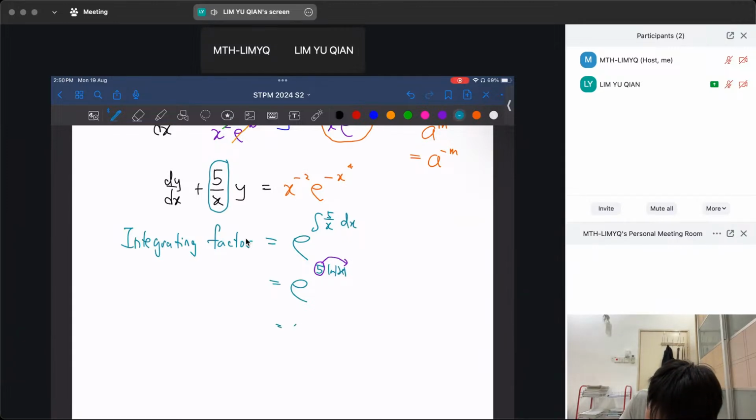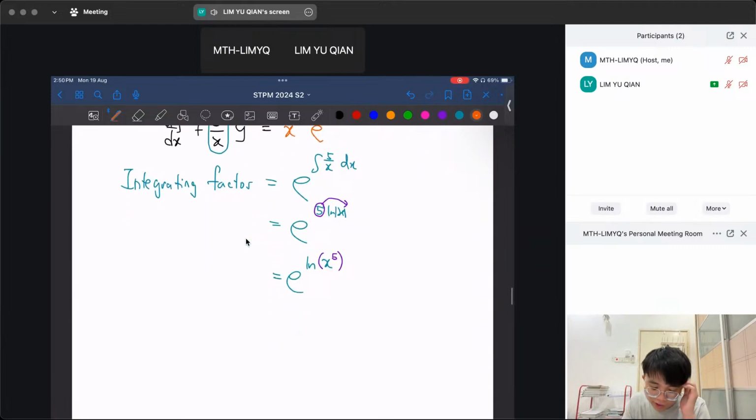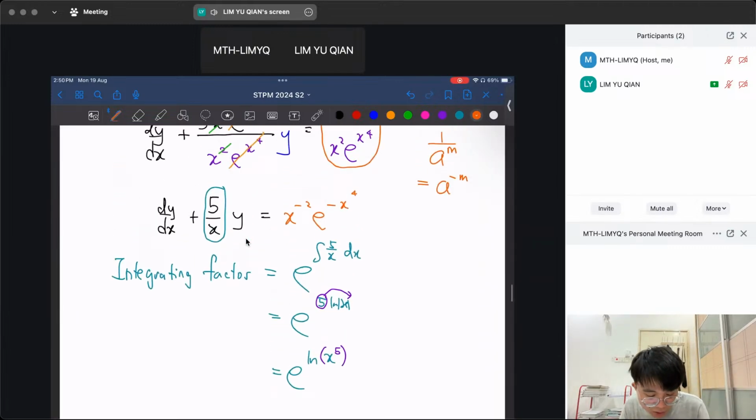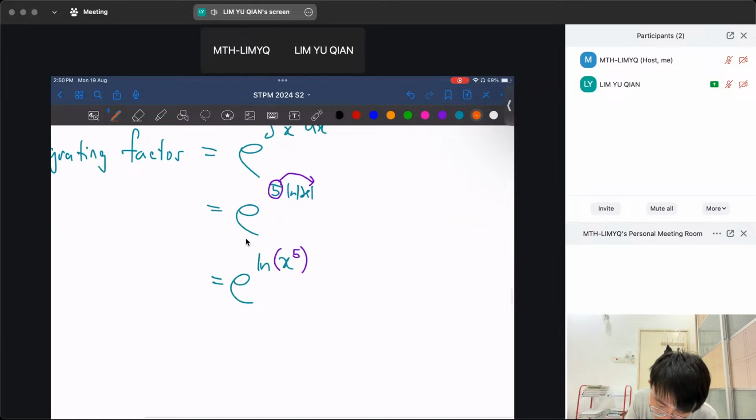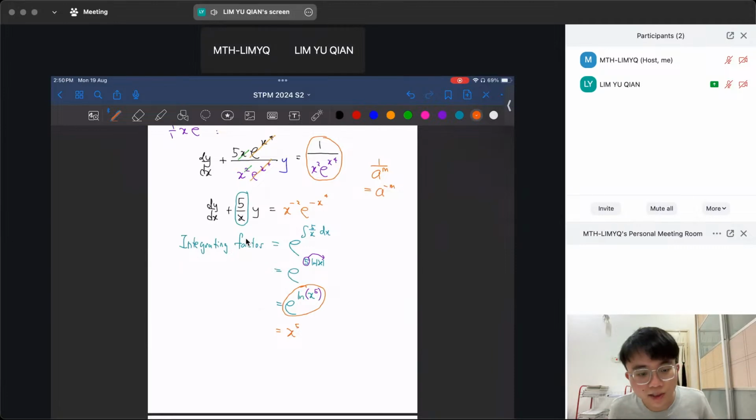This is a basic operation. So x power of 5. The modulus we can ignore for now. Normally it's not very important for differential equations, but the first time you have to put it. So e^(ln something) equals something, so this is equal to x^5. So the integrating factor is x^5.